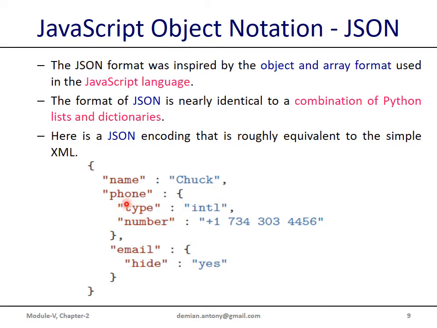The key is type and the value, and we have an element number with the text, which is the phone number. And finally email had no text in it, but we had an attribute. So hide is the attribute and its value is s. This is how we can represent the XML in the form of JSON.